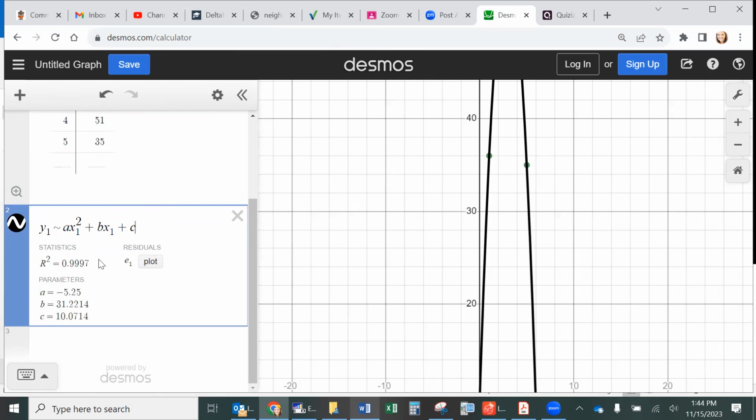Okay, so this is the first one where our R hasn't come out perfect. But it should be pretty close still. It should be 0.9997.